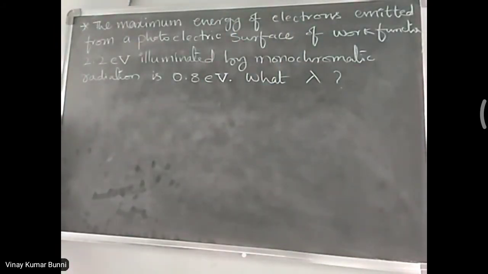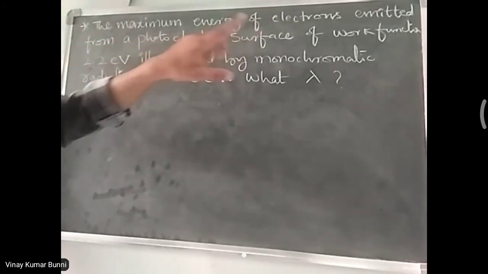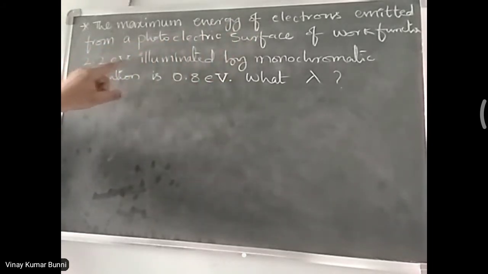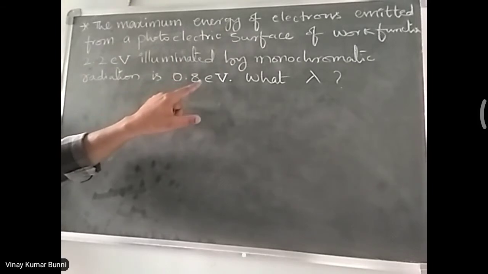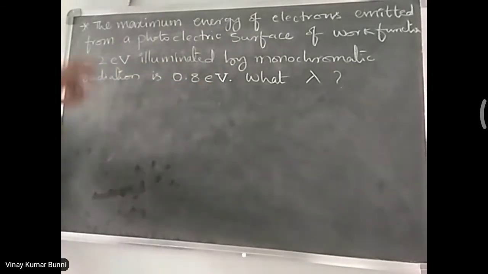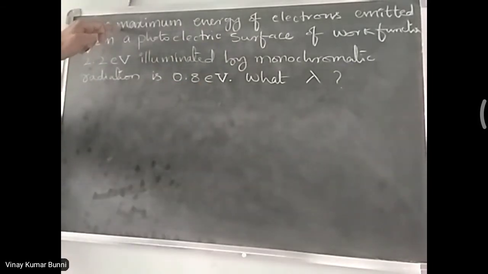So in this problem the work function is given and the value 0.8 electron volt is given, that is the maximum energy of electrons emitted from a photoelectric surface of work function 2.2 electron volt illuminated by monochromatic radiation.